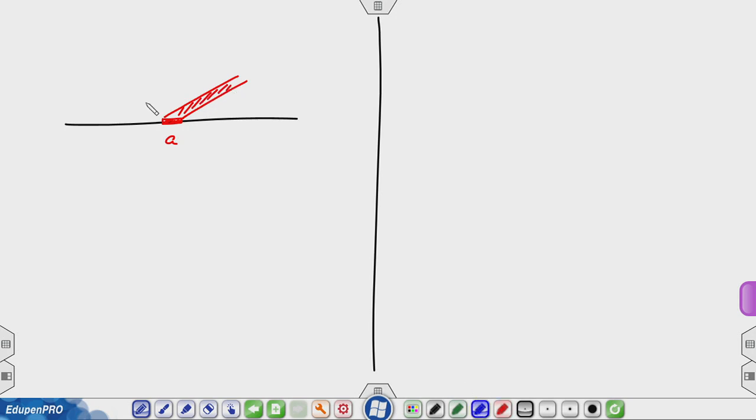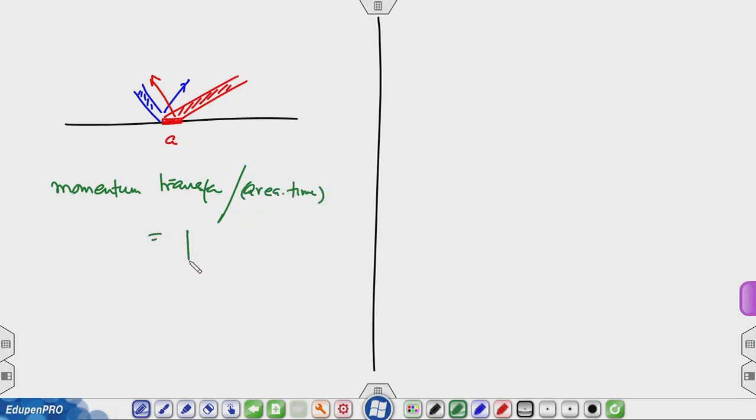They may come from this side, they may come from this side, hit it, and get reflected. So in the process, they transfer momentum to the surface. And what we want to calculate is how much is the momentum transfer per unit area, per unit time. The momentum transfer per unit area, per unit time is equal to pressure.